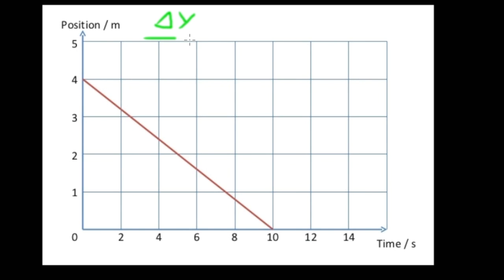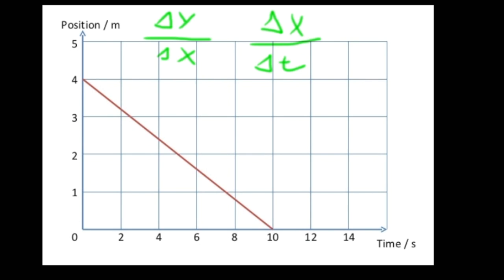To find the slope, it's change in y over change in x, or in other terms, change in x, which is position, over change in time. And this is to find the velocity, which is the slope.